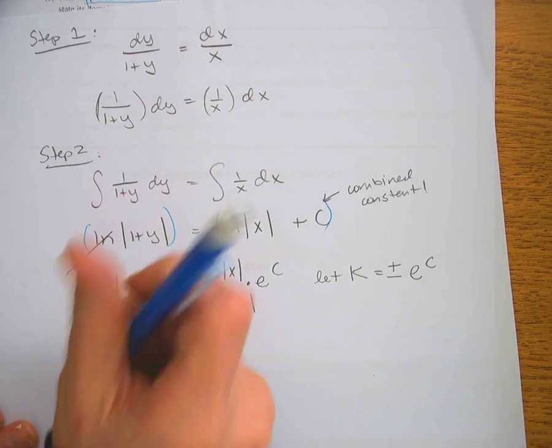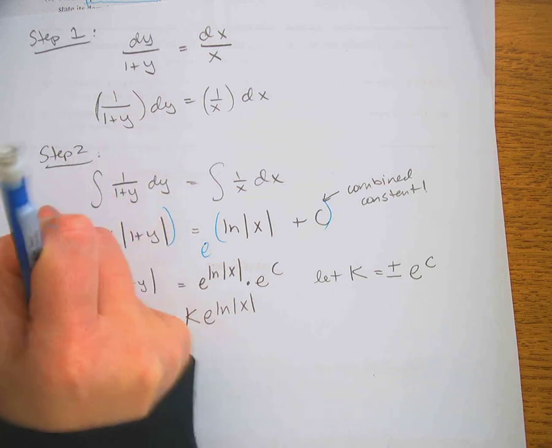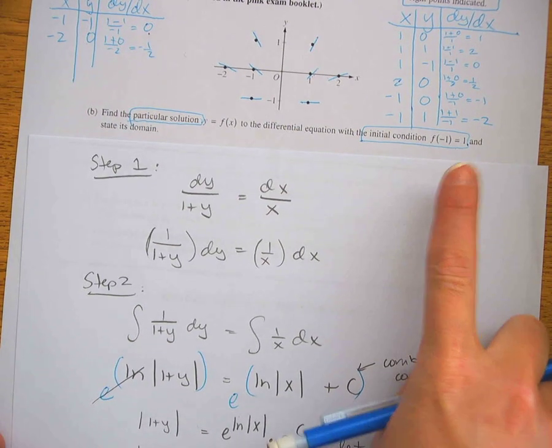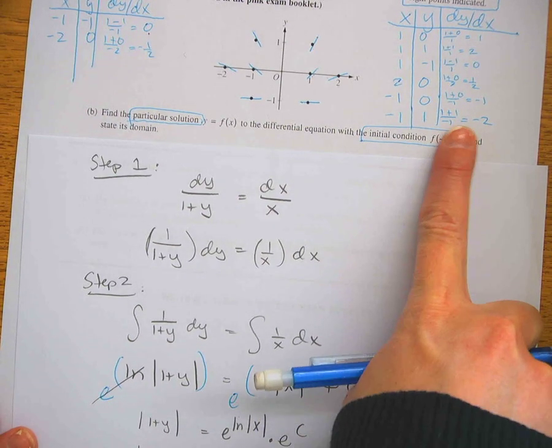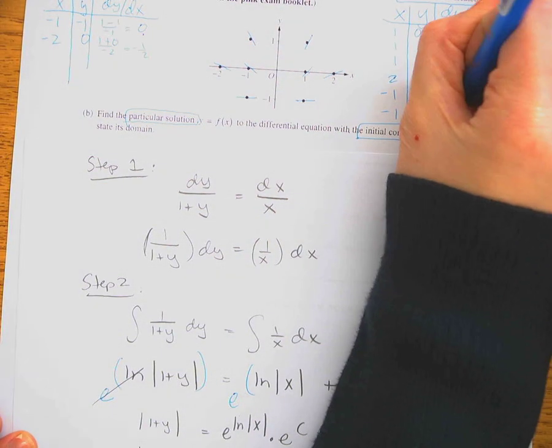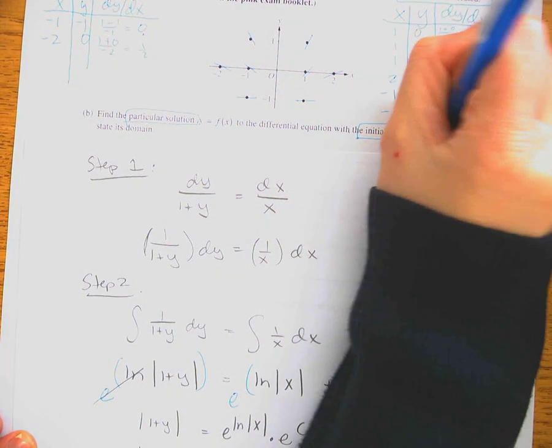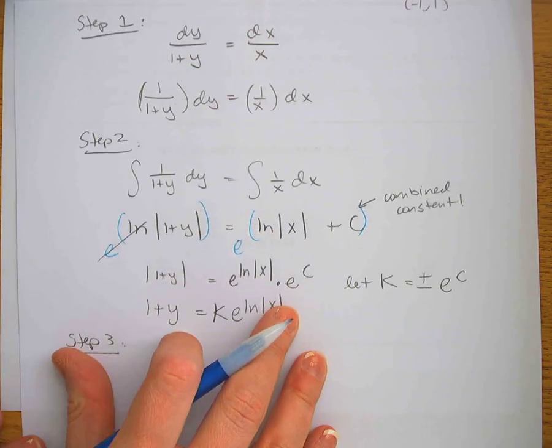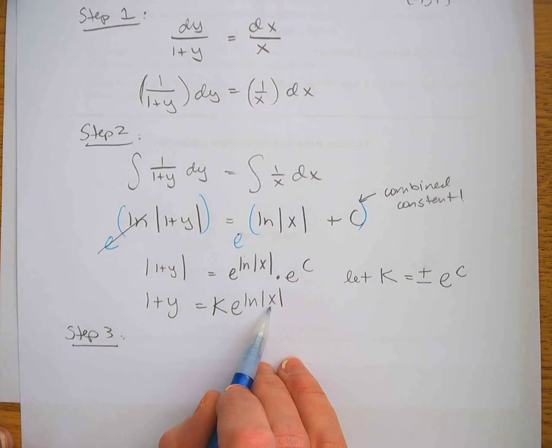We're going to go ahead and substitute in the initial value. And the initial value that was given earlier was negative 1, 1. So just keep in mind, when you see an initial value given to you this way, this is the x, this is the y, so it's negative 1, 1. So I'm going to plug in negative 1 for the x.